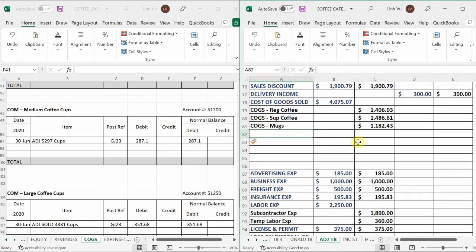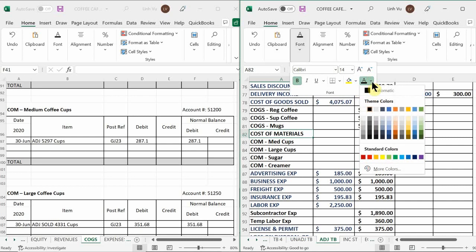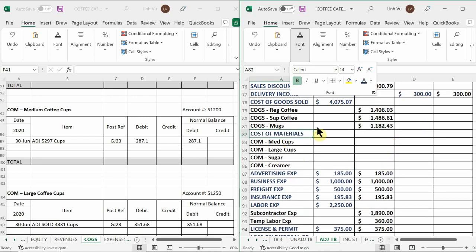Okay, so again, cost of materials, medium cups, cost of materials, large cups, cost of materials, sugar, and cost of materials, creamer. Okay, so again, these are all expenses. Okay, there you go. That's the main account.